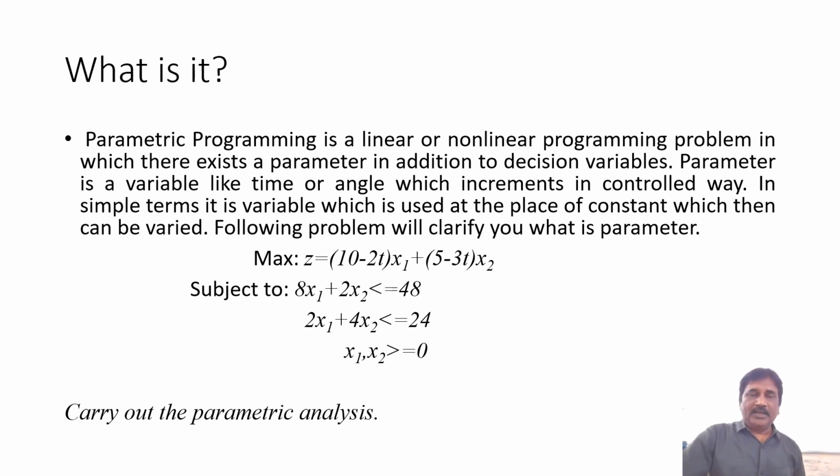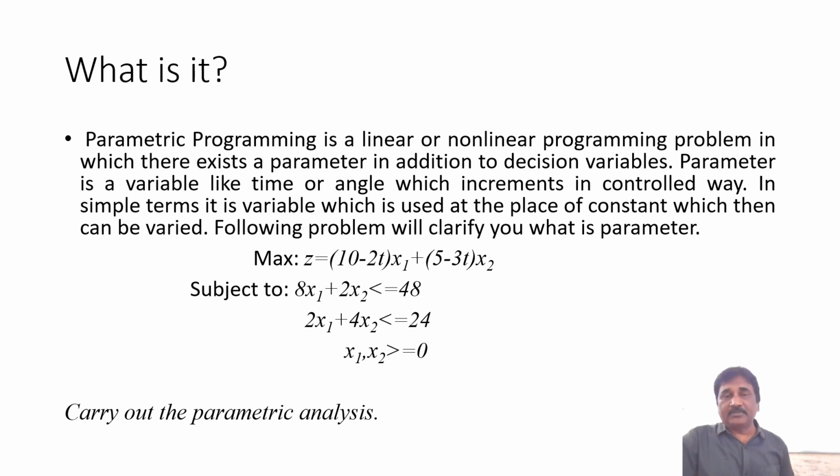Now, if I want to solve this problem by simplex method, I will be taking t equal to 0, because I cannot solve this problem by simplex method by carrying t into simplex. I will have to take t equal to 0, then only it will be possible for me to solve this problem.